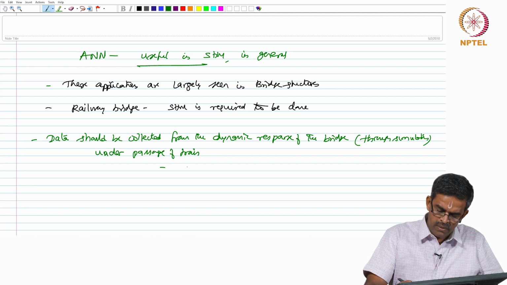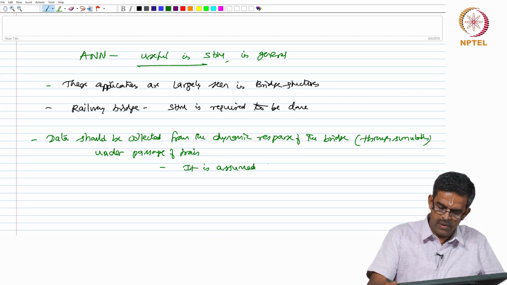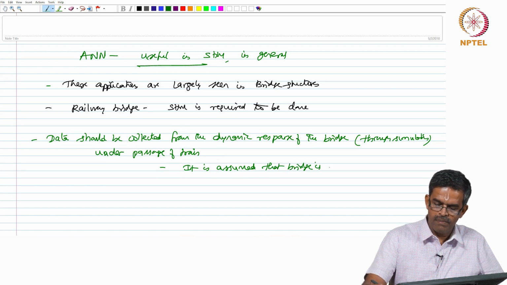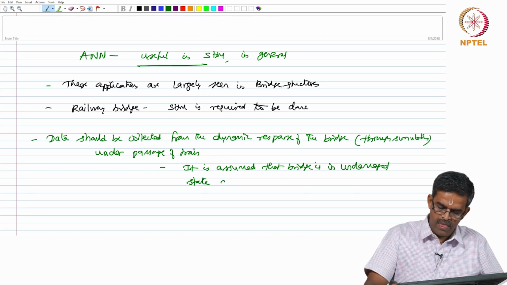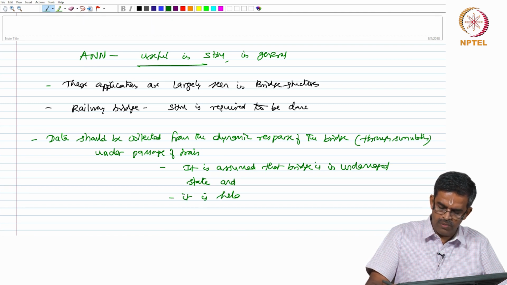When this is done, it is assumed that the bridge is in an undamaged state and is therefore considered healthy.